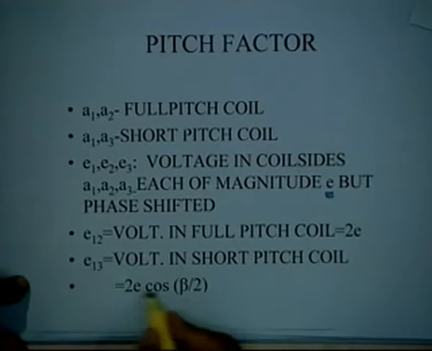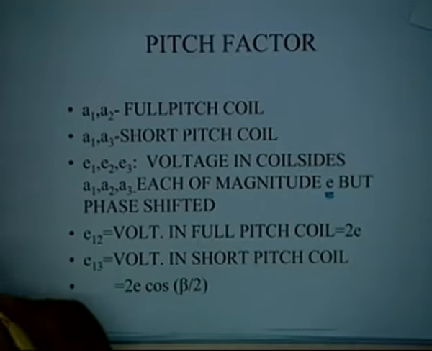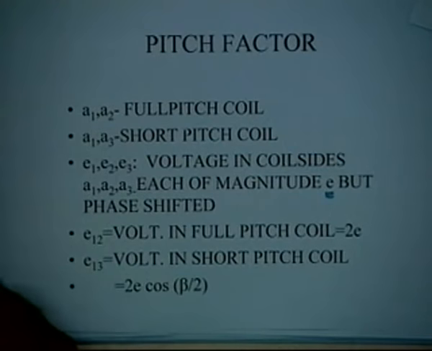Therefore, we know that if you compare the voltage in a full pitch coil and the voltage in a short pitch coil, which will be more? Full pitch coil is more. So, you will have less voltage in a short pitch coil, and how much less it is, we define as a factor called pitch factor.